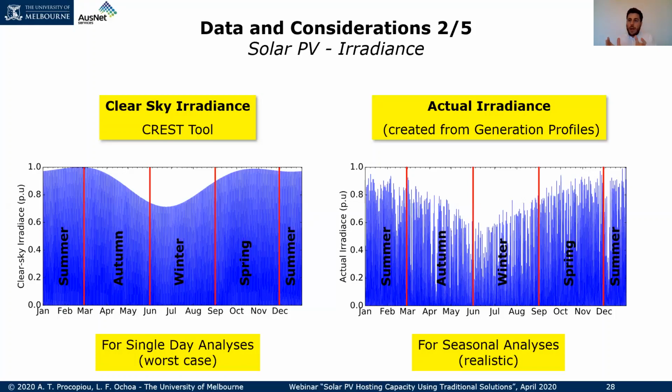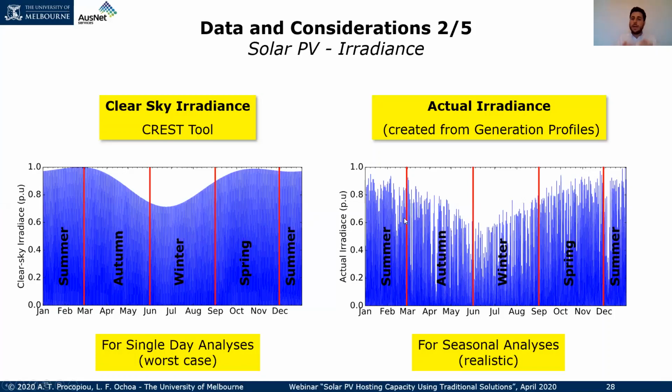So the second part of information we're using for solar PV systems is essentially actual radiation profiles that were provided by AusNet Services. And clearly in these figures, you can see that the peak generation, the peak irradiance profile, which is provided per unit, is slightly lower than the one shown on the left, which is the clear sky radiation.